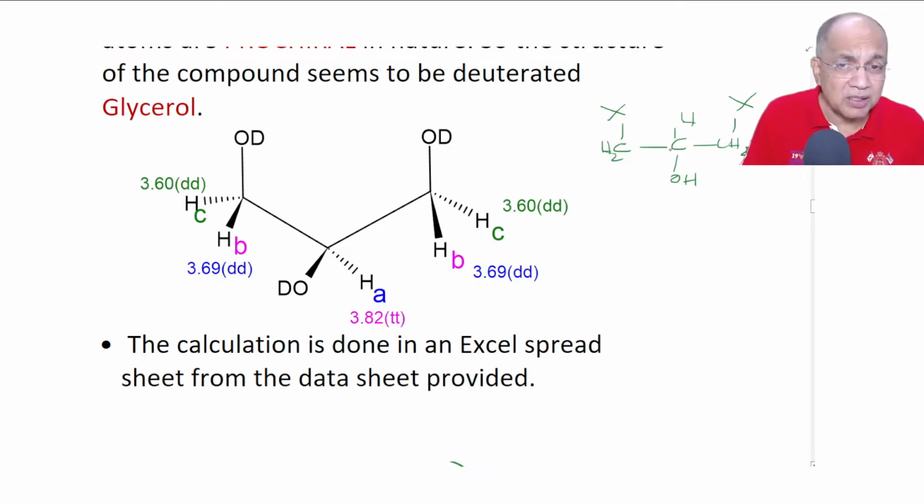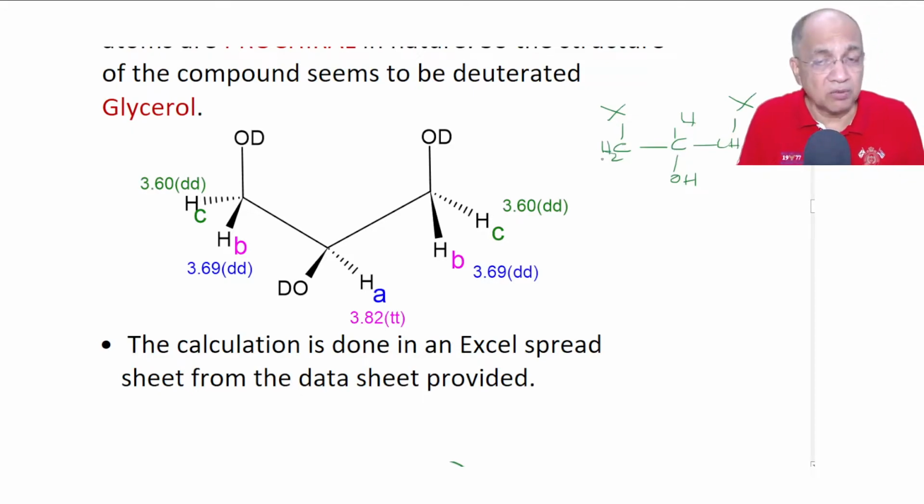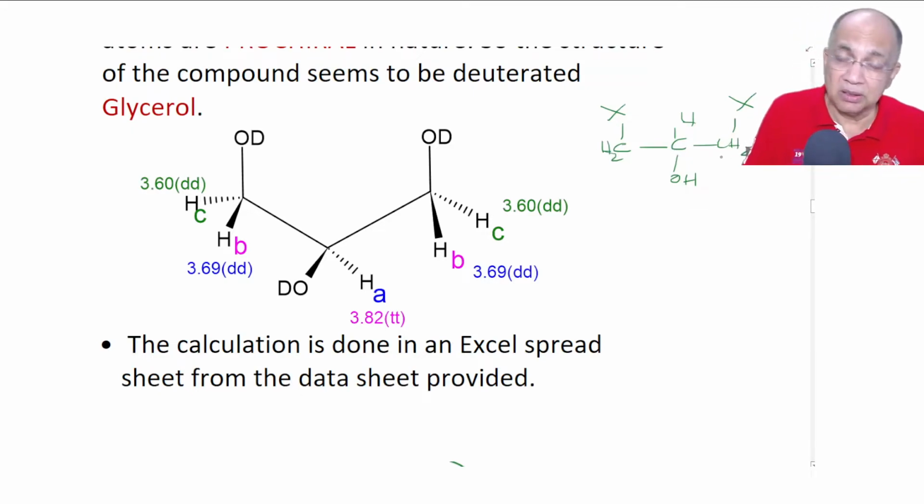Had it been a chiral center, you would have shouted that these two are diastereotopic, non-equivalent, so also these two. And one of them from here is equivalent to one of them here on the same side, and the other one from here and the corresponding one here also would have been equivalent. You will say, no, this is not diastereotopic because this is not a chiral center. These two groups are the same.